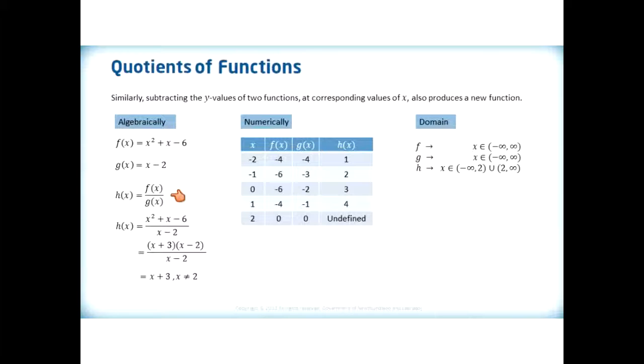Okay, so we can see that we just create the quotient, x squared plus x minus 6 divided by x minus 2. And we have our quotient function there, but it's usually a good idea, instead of just the expression as it looks in that sense, to factor it out and see if we can simplify.